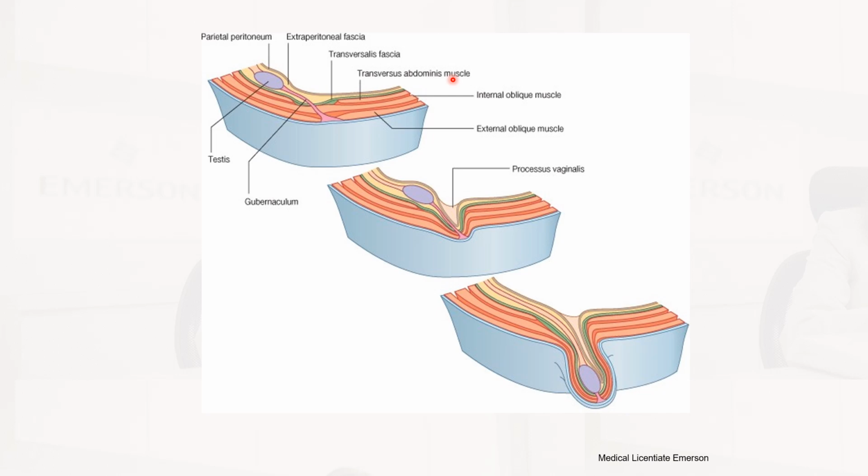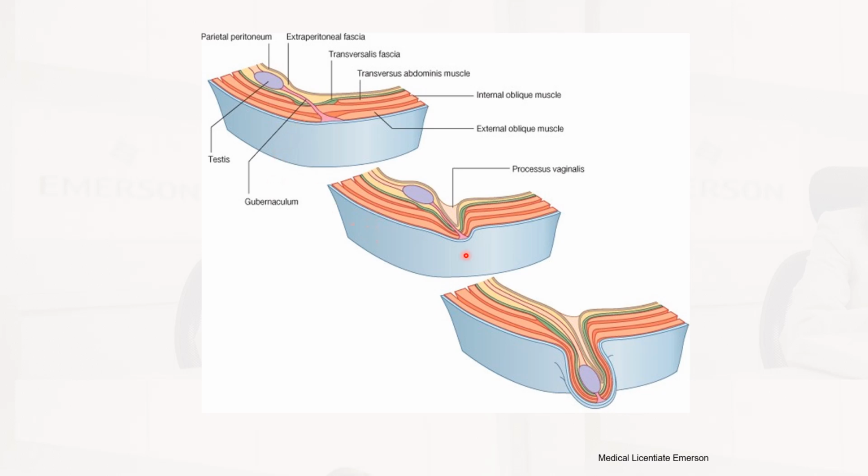Remember, during embryology, the testes are found in the retroperitoneal region. So they have to descend from the retroperitoneal region into the scrotum. When it is moving, the testis has to move along the gubernaculum.